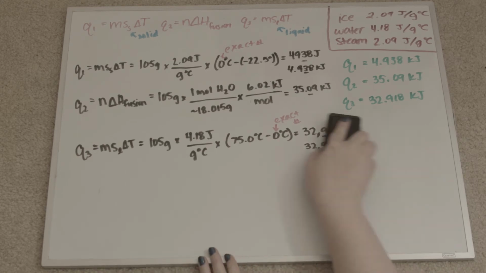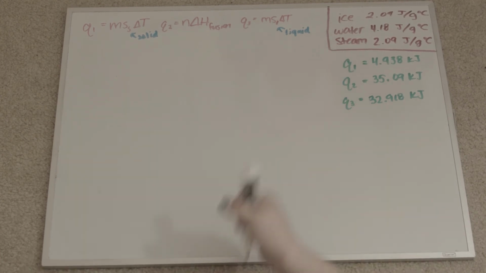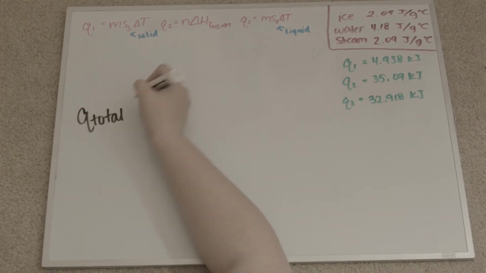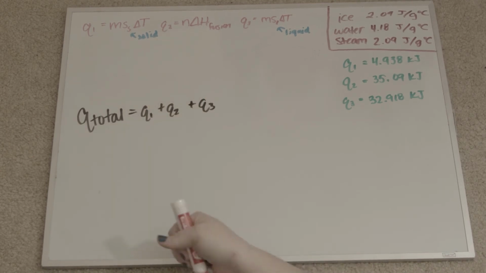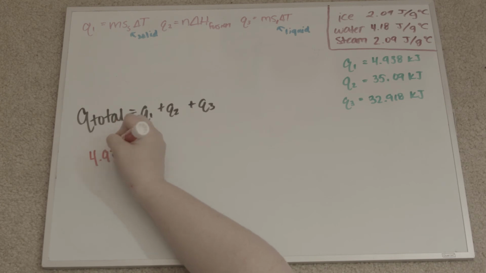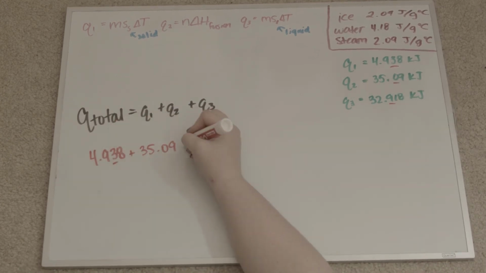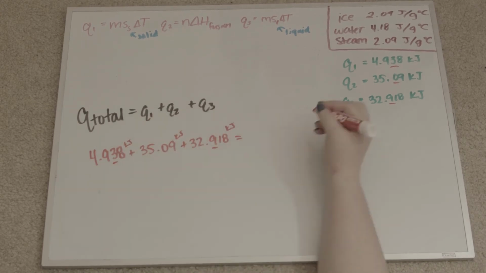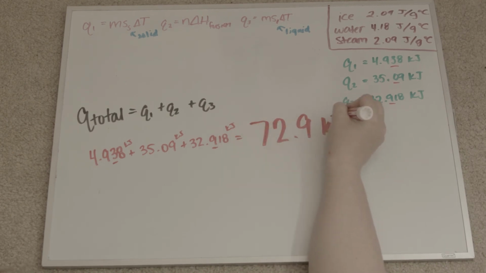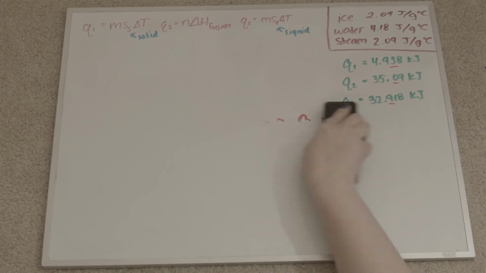Now you want to find the Q total. Q total would be Q1 plus Q2 plus Q3. Pretty simple, right? So you add 4.938 kilojoules plus 35.09 kilojoules plus 32.918 kilojoules, remembering where your sig figs are, and you get 72.9 kilojoules total.